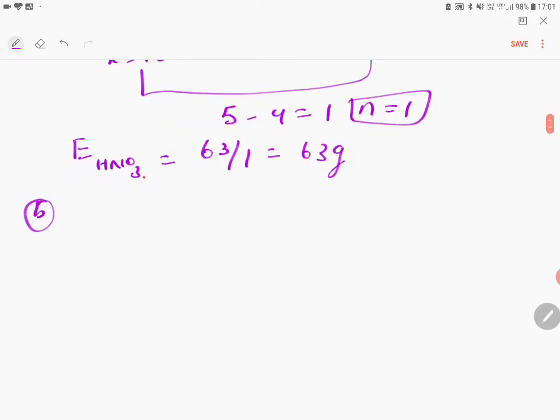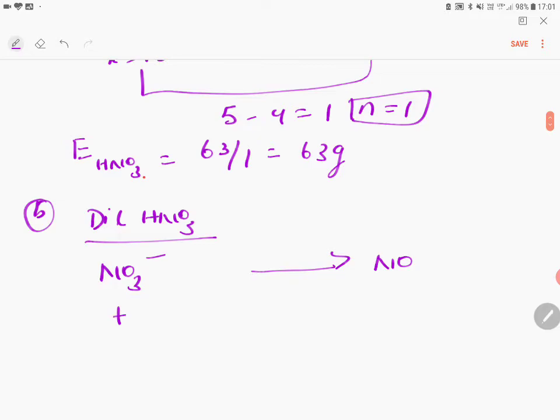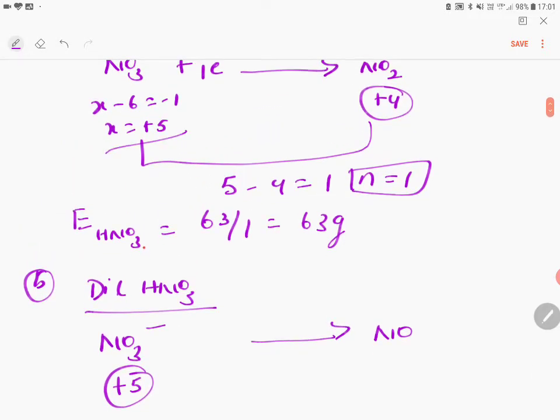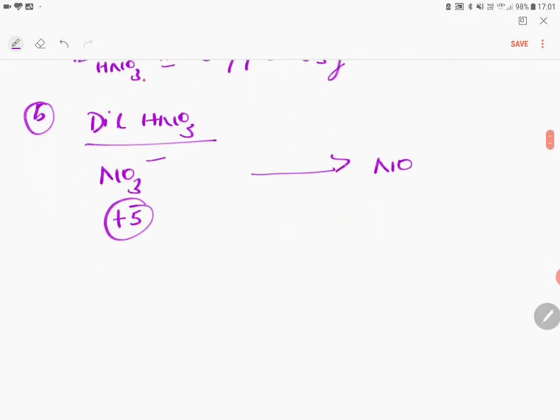Next, in the same nitric acid, if it is going to be dilute nitric acid, what will happen? Nitrate ion available in nitric acid gets converted to nitric oxide. Once again we need not calculate this +5; in the previous step we have calculated it as +5. Here the oxidation state of nitrogen is +2.